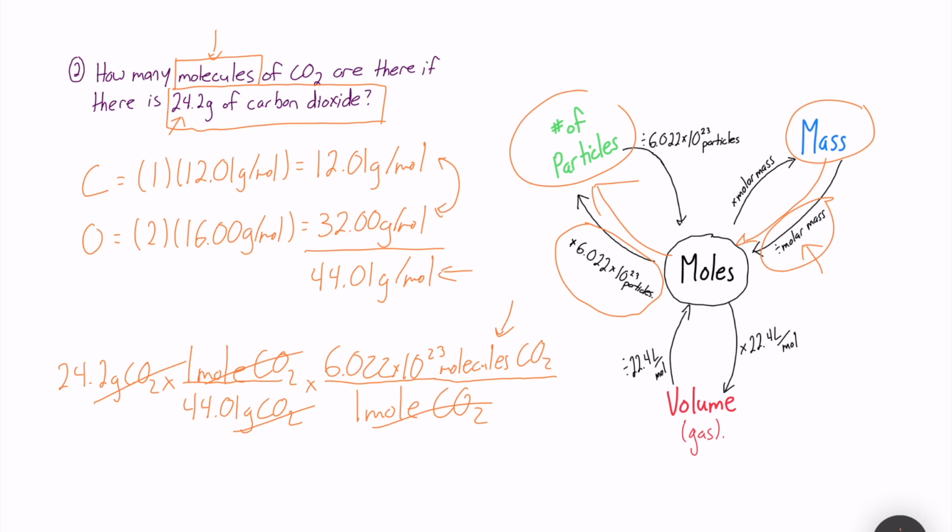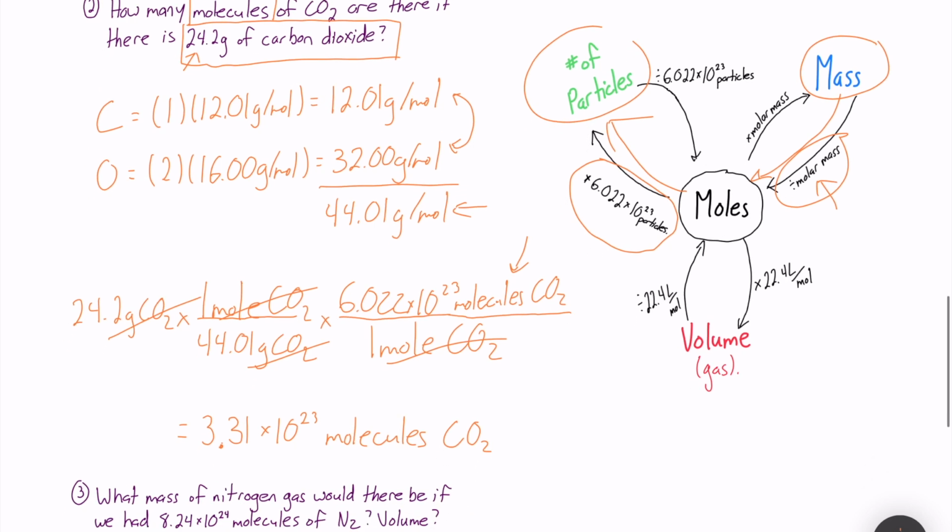And your final answer, I'm going to write it down here, should be 3.31 times 10 to the 23 molecules of CO2. Okay, so 3.31 times 10 to the 23 molecules of CO2. I'll just make that decimal a little bit bigger here. Perfect.